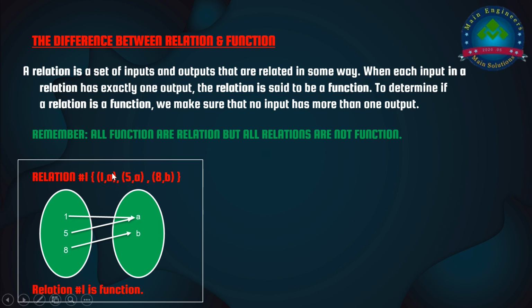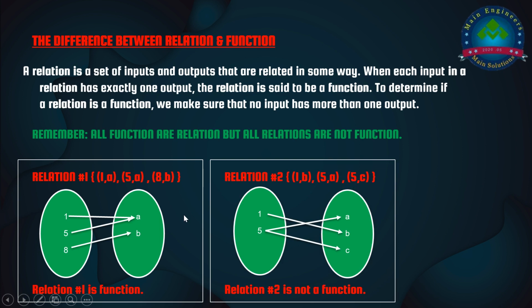That means our range is a and b. For the two inputs 1 and 5, there is only one output a, and for the other input 8 there is output b. So here we can see each input has one output. That means this relation 1 is a function.